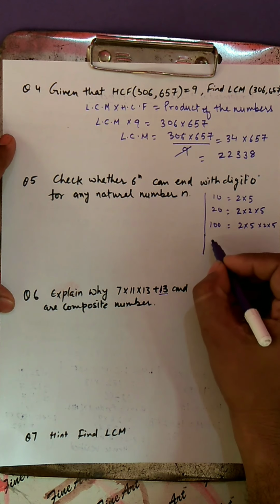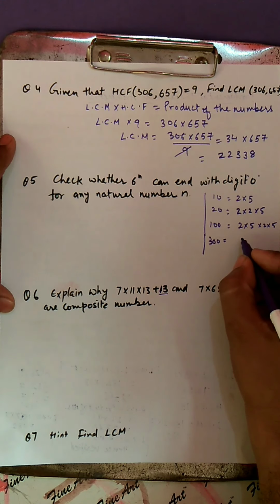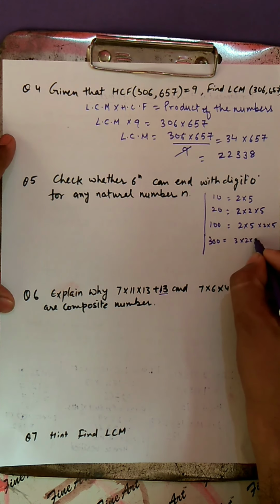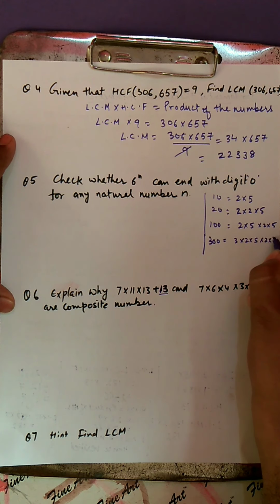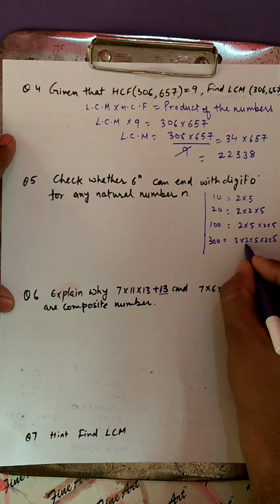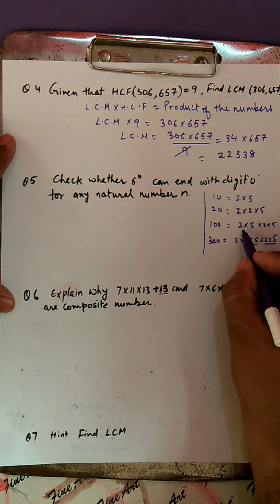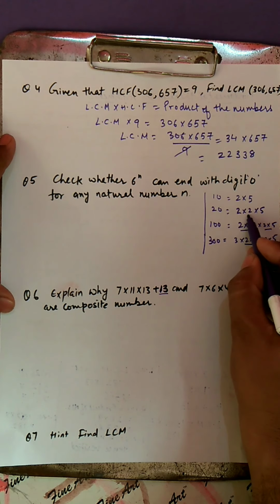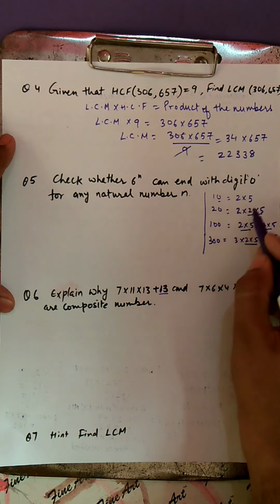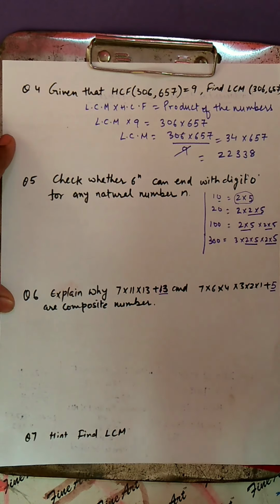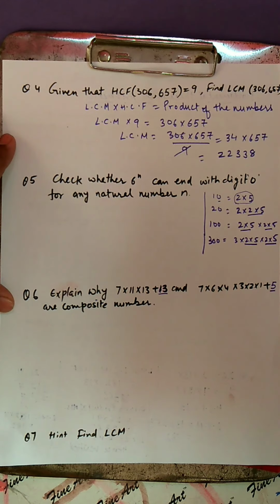If it is 300, then it can be written as 2 into 3, 2 into 5, 2 into 5. So now a very important result comes, and that result is, if there is one 0 at the end, you will get only one pair of 2 and 5.